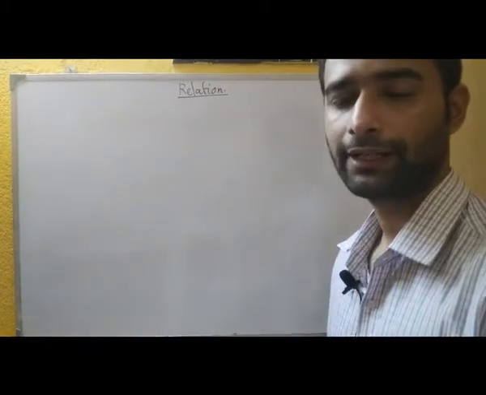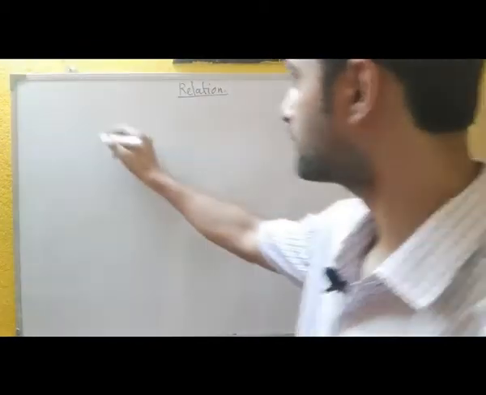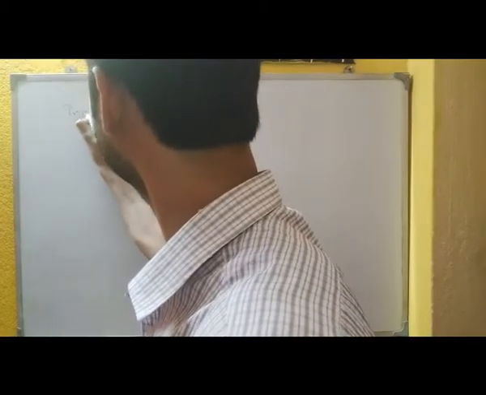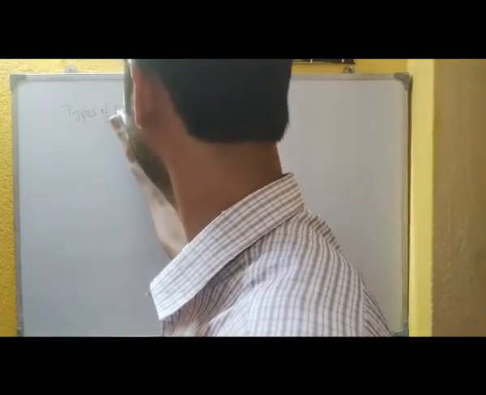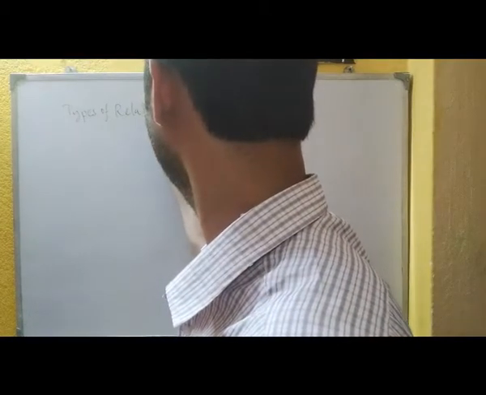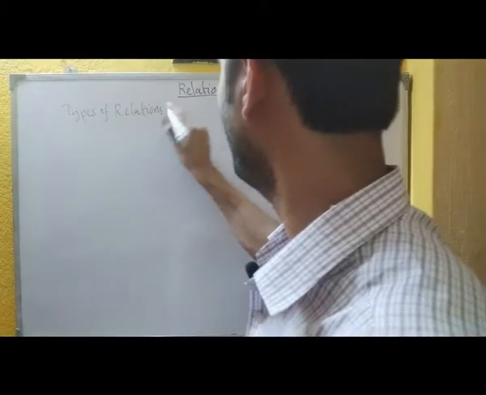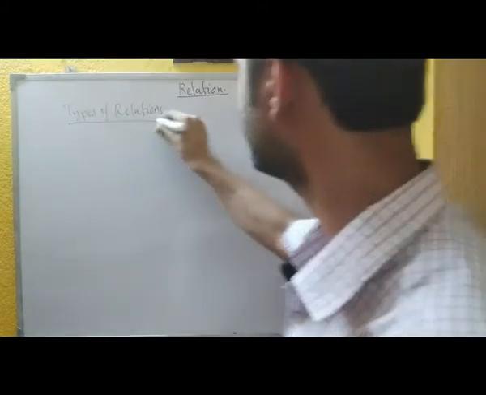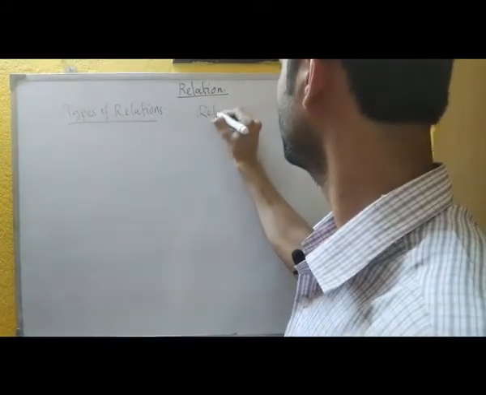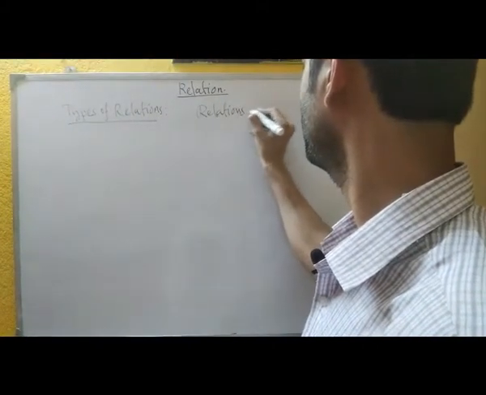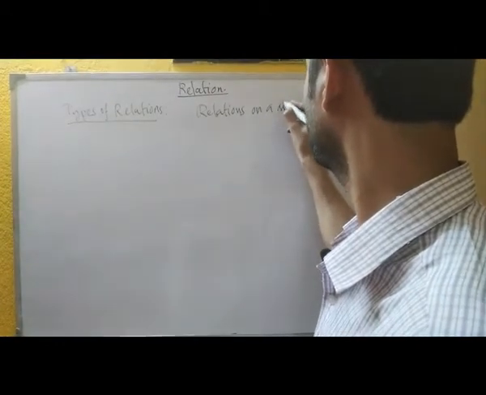Okay, so next what we do is the types of relations. In this case, we usually consider the relations on a single set.